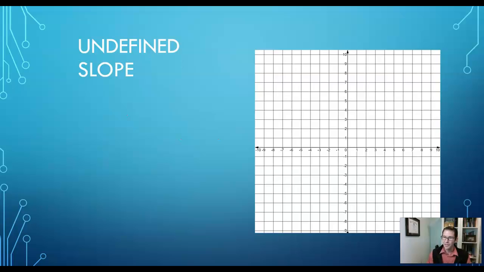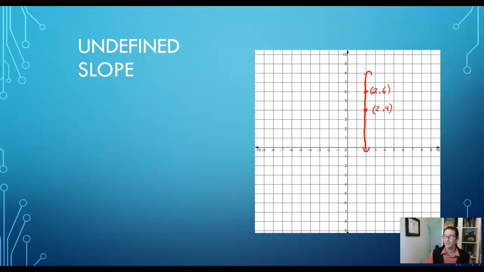Now the undefined slope is the one that seems a little bit trickier for us. So I'm going to draw a vertical line here. By definition, a vertical line has undefined slope. Let's review why that would be. I'll give myself a couple points here. This is the point 2, 6. And this is the point 2, 4.